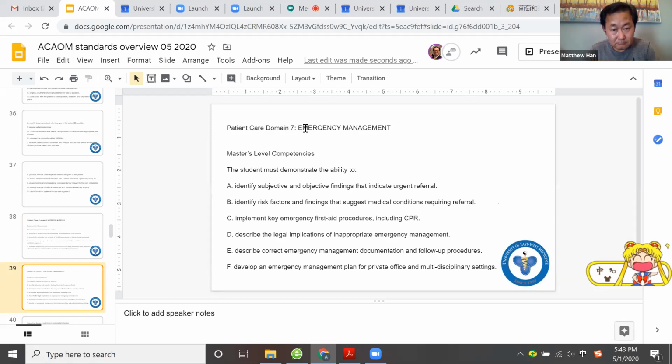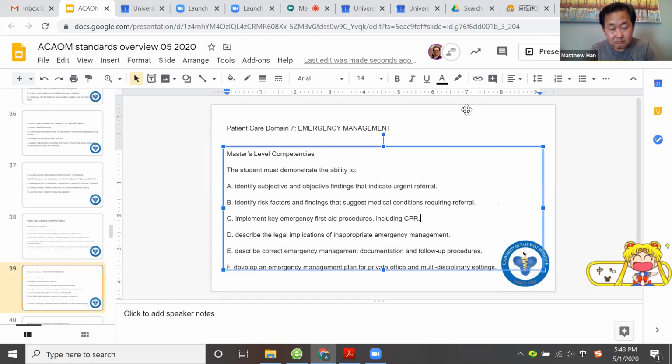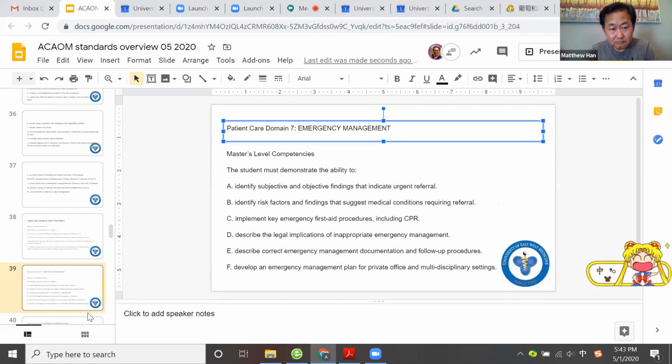For emergency management, we require our students to have CPR training, and when our supervisors teach you guys, they will tell you which kind of situations you need to be aware of, and to take care of our patients in a safe way.